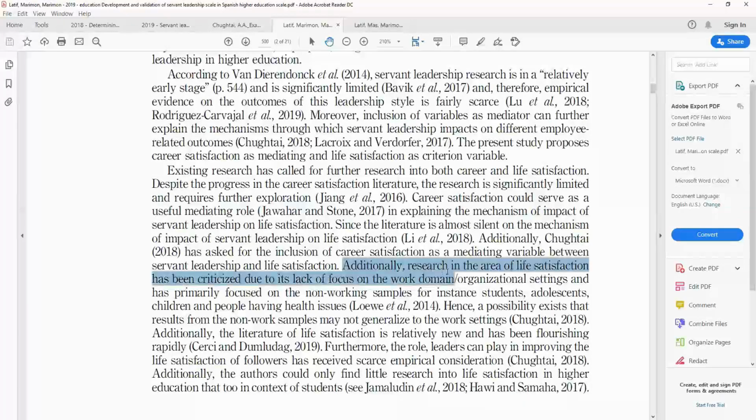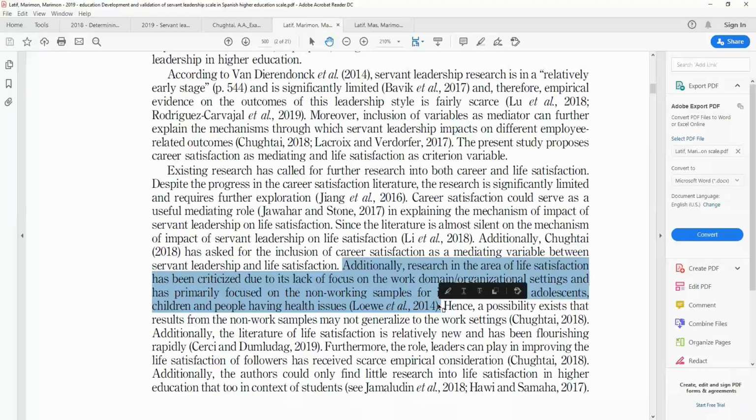Now, additionally, research in the area of life satisfaction has been criticized due to its lack of focus on work domain, organizational settings, and has primarily focused on non-working samples, for instance, students, adolescents, children, and people having health issues. So now you are actually targeting that life satisfaction research is limited, and it has not focused on work domain or organizational settings.